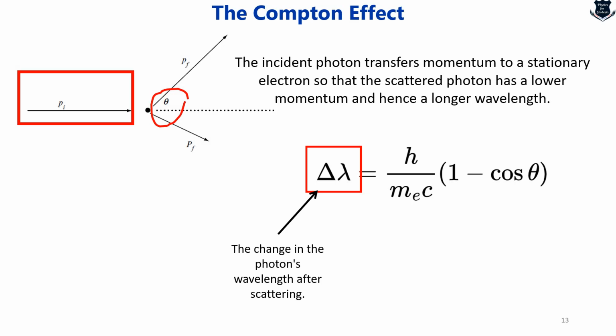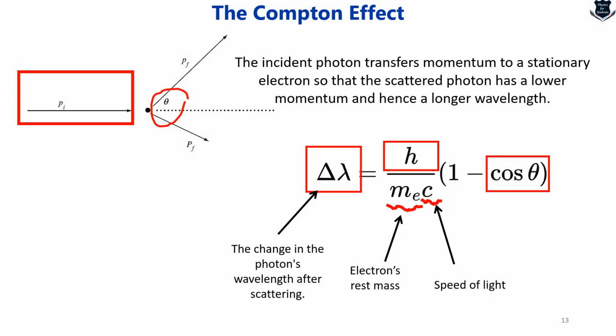The next one is h, Planck's constant, a fundamental constant in quantum mechanics, which I have already explained. me is the electron's rest mass, roughly 9.10 times 10 to the power minus 31 kilogram. And c is the universal constant, the speed of light, and theta is the scattering angle between the direction of the incoming and the scattered photon. We will look more into that, don't worry.